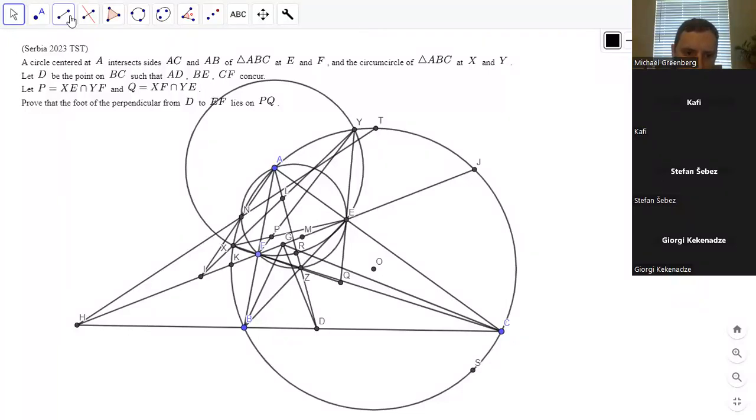It's obvious, because of the angle bisector thing you proved earlier. NT is just the other angle bisector. ND is the internal, NT is the external. Oh, ND is the internal and NT is the external.